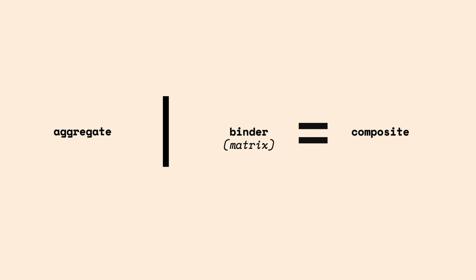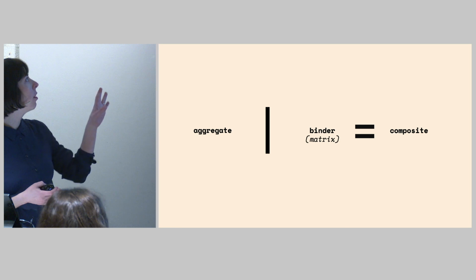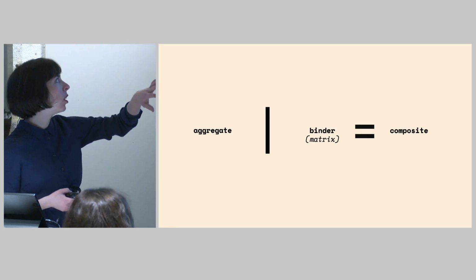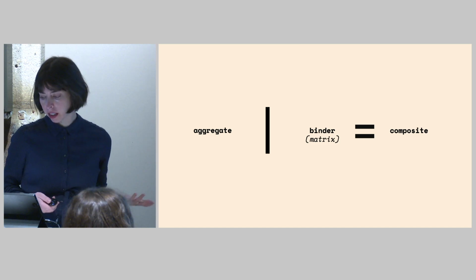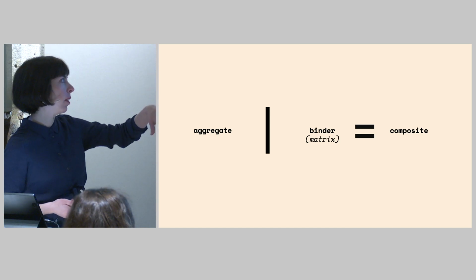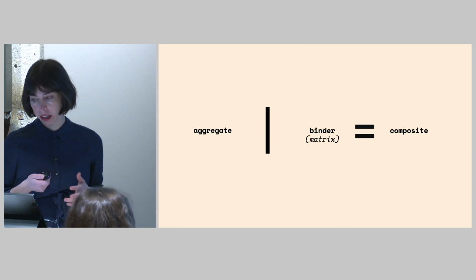Then going back to this idea of the composite, when we talk about earth architecture, what we're talking about is working with a composite that often involves some form of aggregate. These aggregates can be of many kinds, and then a binder. So it's a matrix that is holding everything together.